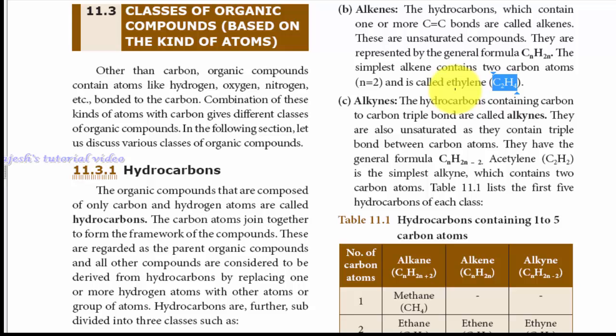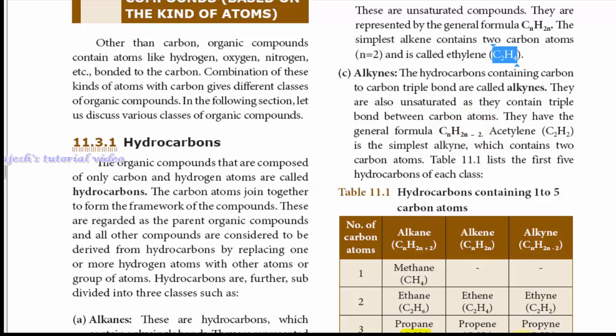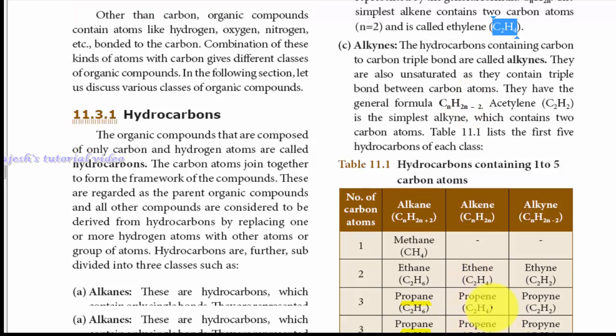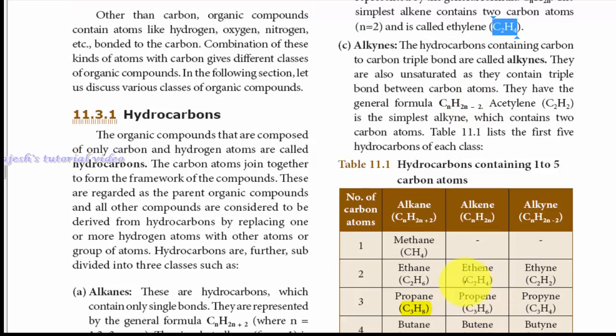So the first alkene has 2 carbon atoms, and from its formula CnH2n, it is C2H4, which is called ethylene. The hormone you have learned about, used for ripening of fruits, is ethylene gas. That ethylene is this.